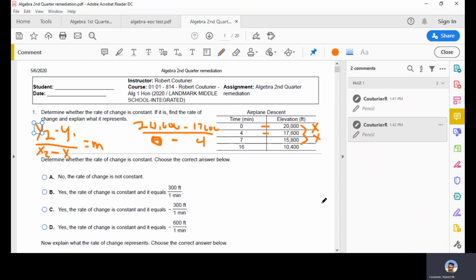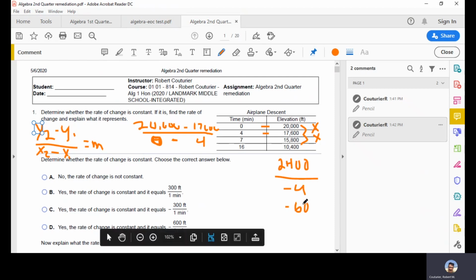So you have 20,000 minus 17,600, which is 2,400. And then you have 0 minus 4, which is negative 4. Clearly this fraction simplifies to negative 600.